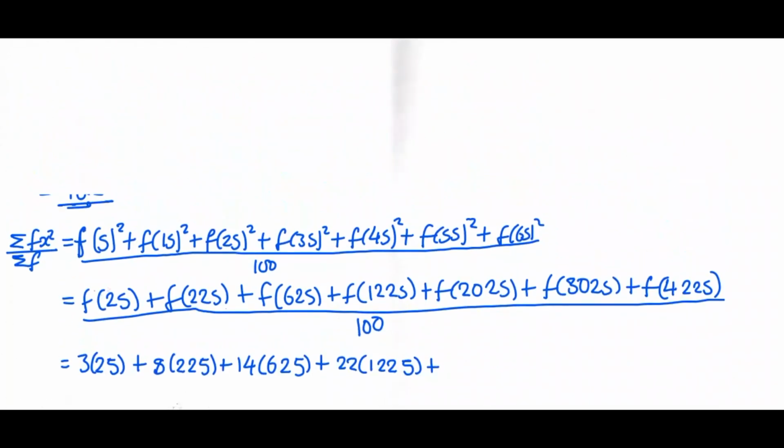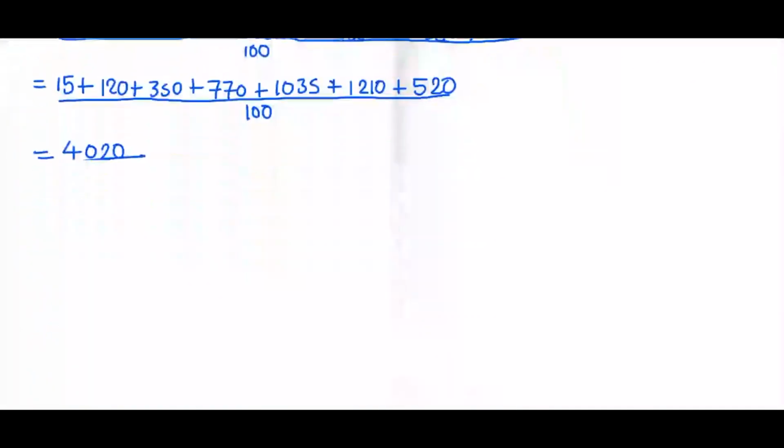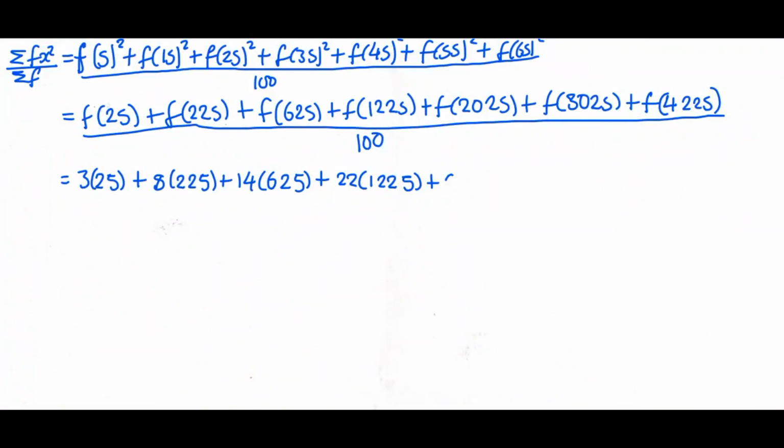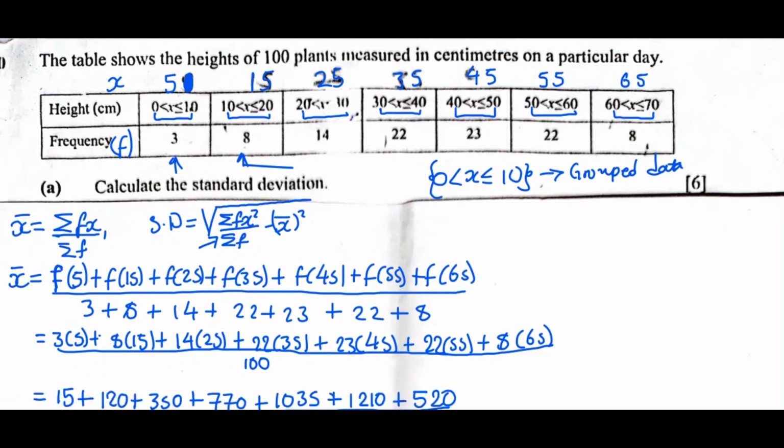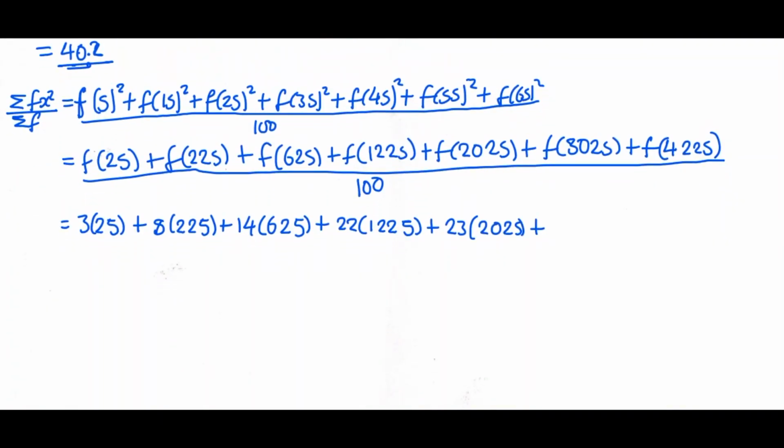After 22 what do we have? 23. So 23 will go with 2025, plus 22.